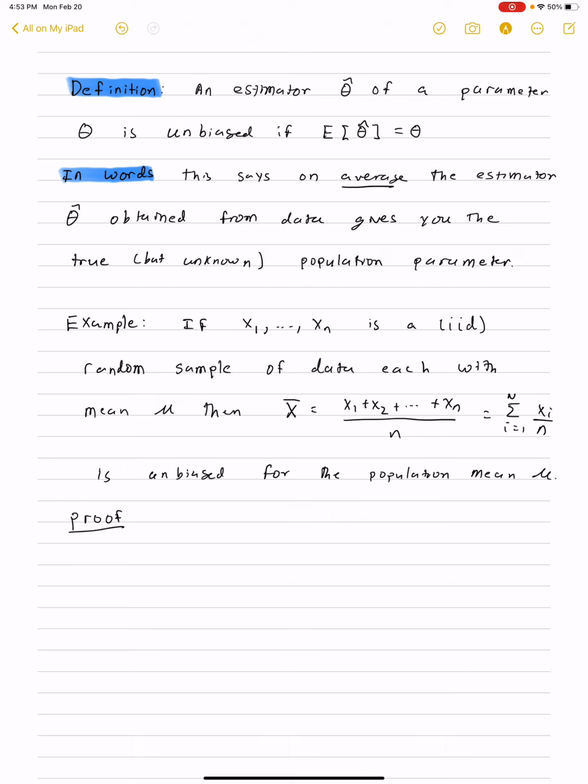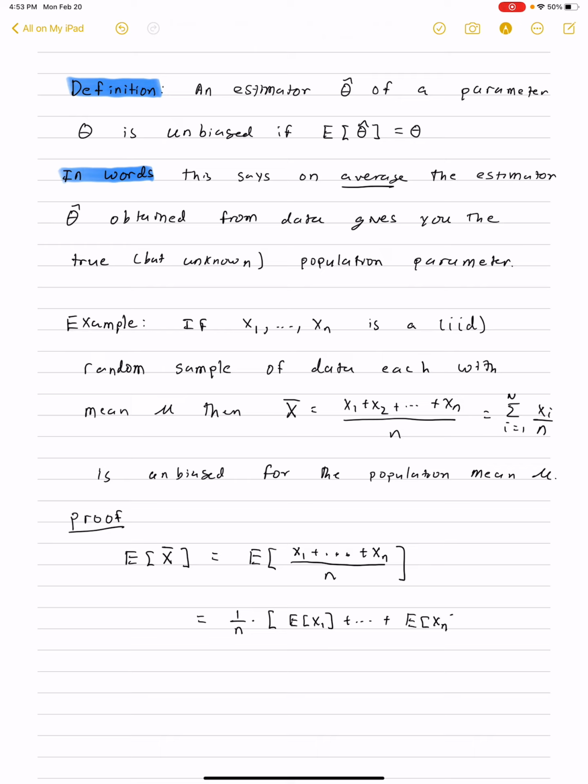Okay, all we have to do to prove that the estimator x bar is unbiased is to calculate its expected value. Well, the definition of the average just says add up all the values and divide by n. So taking properties of expected values, this would mean that this is 1 over n times the expected value of each individual observation.